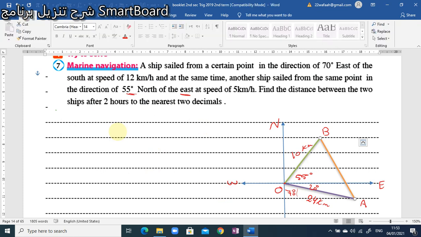So in triangle AOB, for AB power 2, we can use cosine rule.